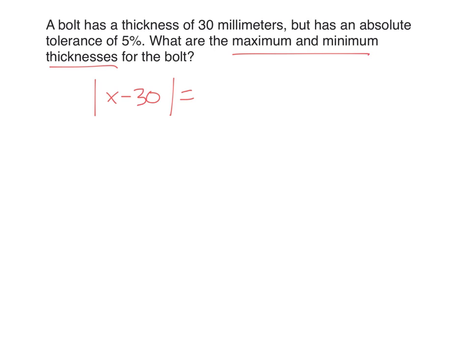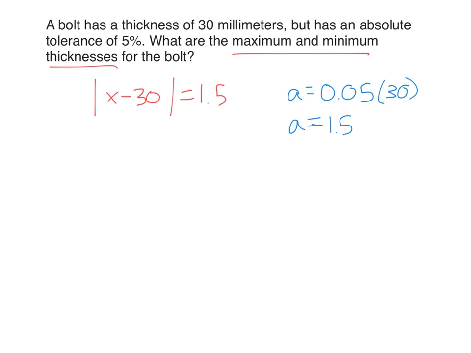So we have to actually use our percent equation to calculate what that would be. We can say that A equals 0.05 times 30 to find 5% of 30. And that gives us A equals 1.5. So the possible deviation from 30 millimeters is 1.5 millimeters.